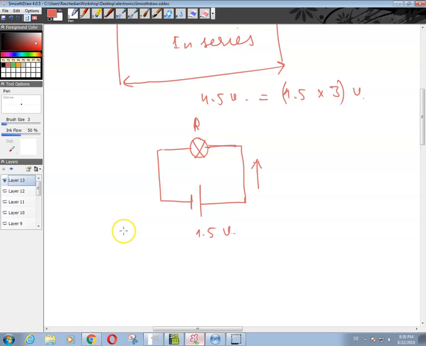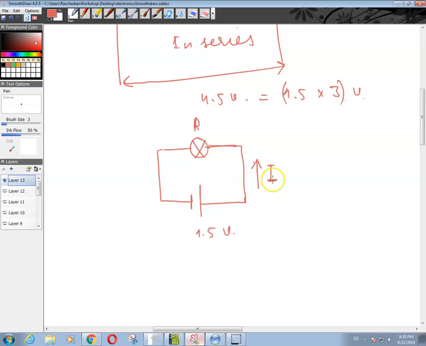No, not yet. Usually, what happens is that there is some voltage in a circuit, there is some resistance in a circuit, and some current in a circuit.